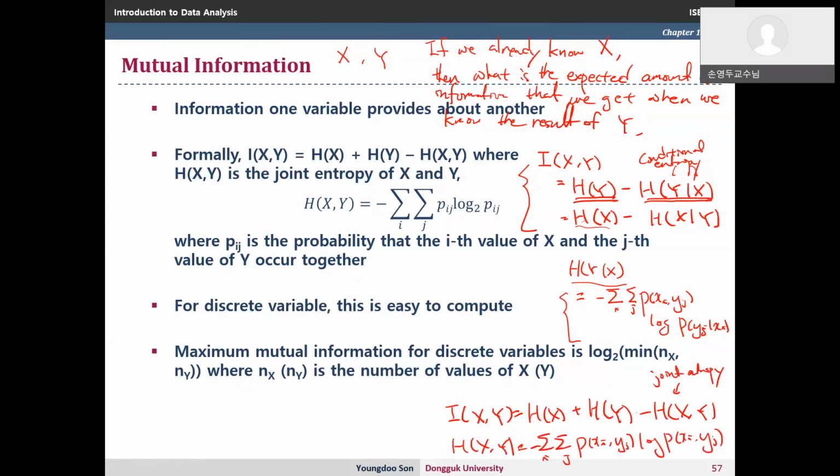So you can easily prove that these three are all the same. I will not prove it. It is just remaining as homework. You don't need to submit. Please try to prove these three are all the same by yourself at home.